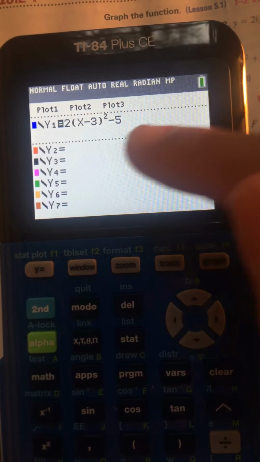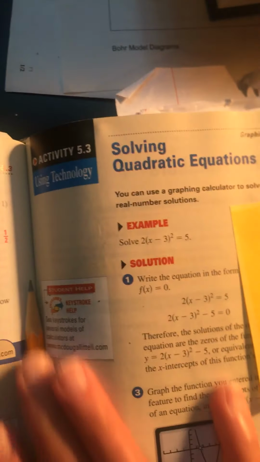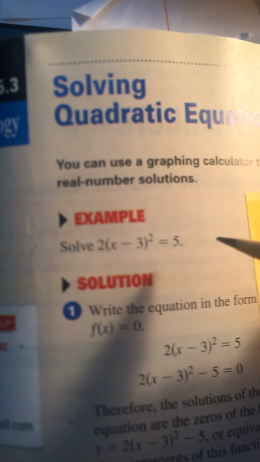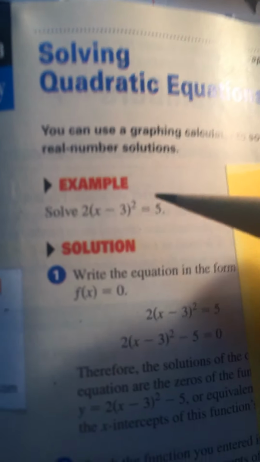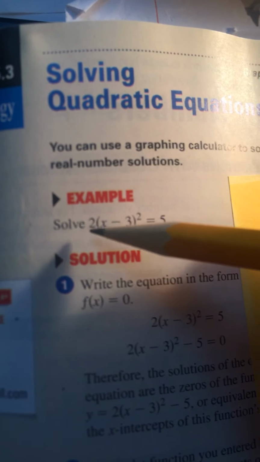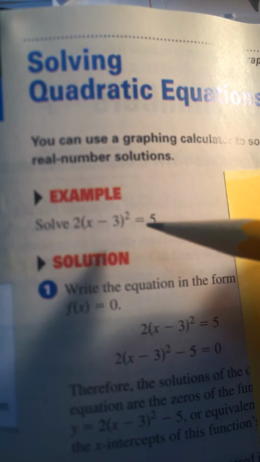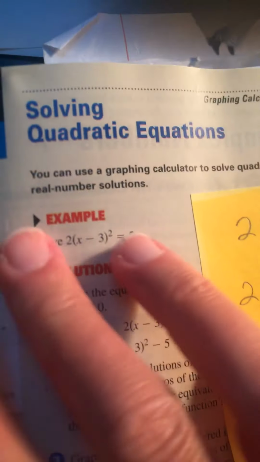Now, there's another way to do it that I want to show you also. So I'm going to go back here and clear that out. This is the other way to do it, and this can really help you on the SAT and the ACT, and when you're taking any math test where there's a problem and you have no idea how to do it, but it has an equals. Well, you can put both sides of the equation into your calculator, find where they intersect, and it will tell you the answer.